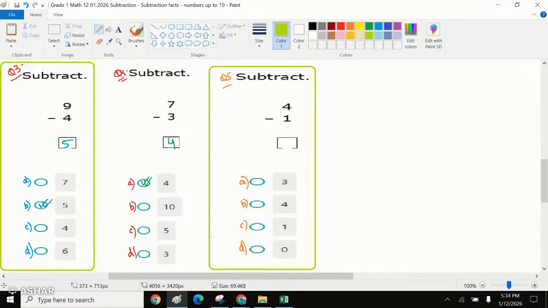Yes, thank you. What should be 4 minus 1? If you had 4 candies and you ate one of them, you are left with how many? You had 4, you ate 1, you're left with?